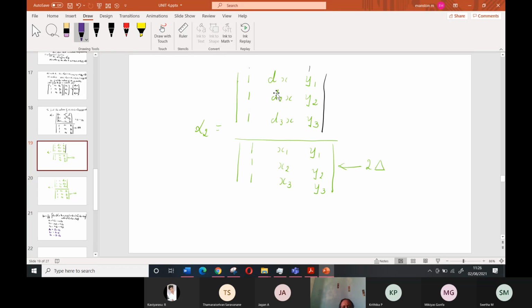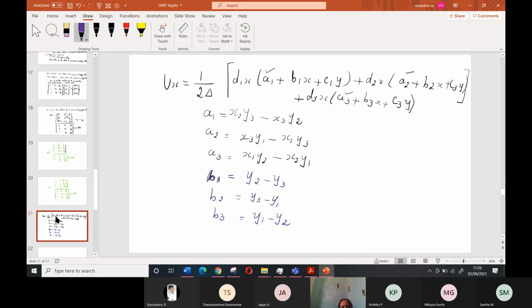B1 is this. This is minus sign. So you will get this term and this term: y3 minus y2. Wait one minute. B1 is y2 minus y3, B2 is y3 minus y1, and B3 is y1 minus y2.